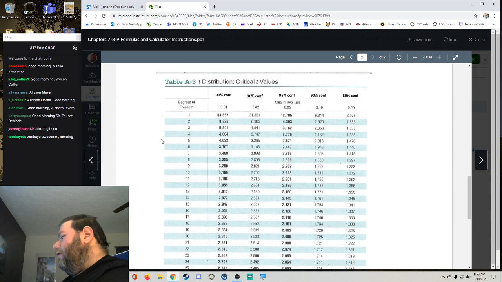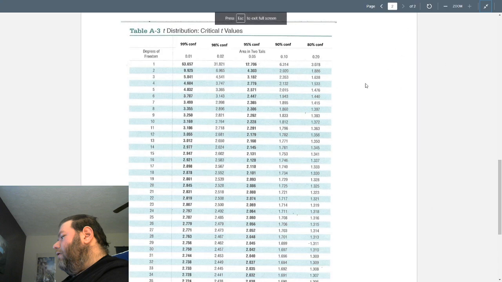So here's our table. Let me zoom in. I can't zoom in any further. It puts the alpha values here: 0.01, 0.02, 0.05, 0.10, 0.20. So instead, on the top, I wrote 99% confidence, 98, 95, 90, and 80.